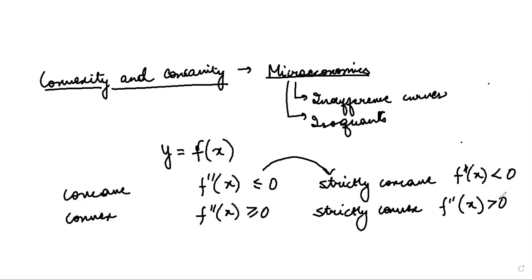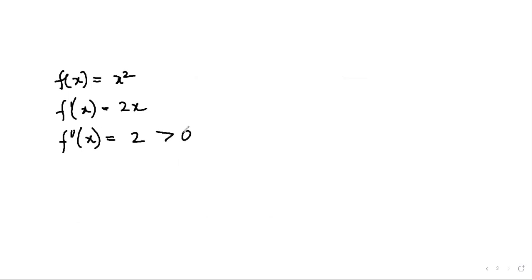So let me take a function x square. What is f dash x? F dash x is 2x. What is f double dash x? F double dash x is 2. 2 is greater than 0, so this function is strictly convex. Let's take another function.